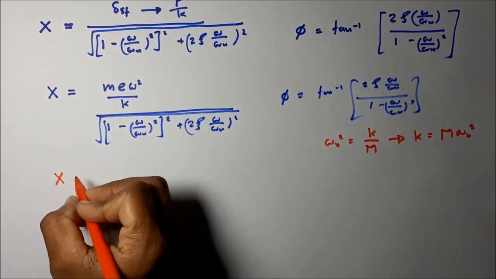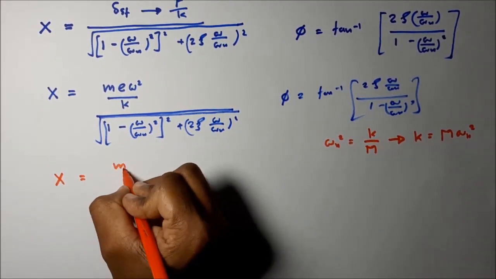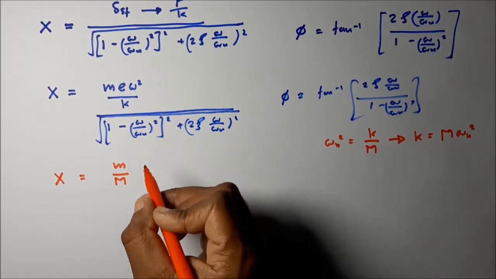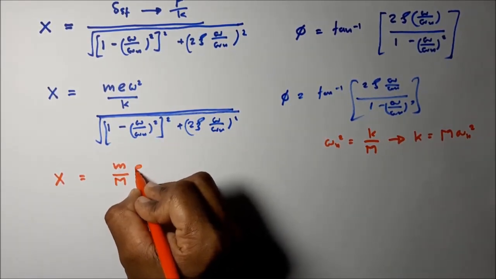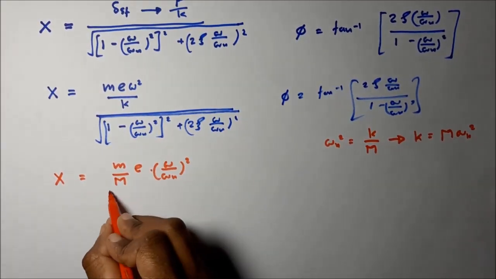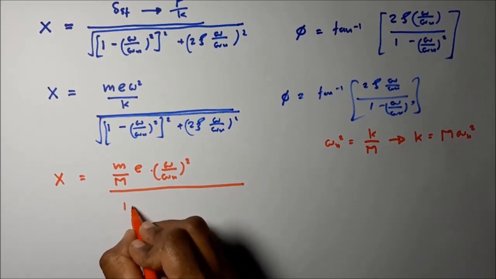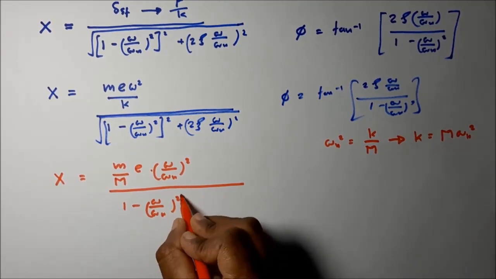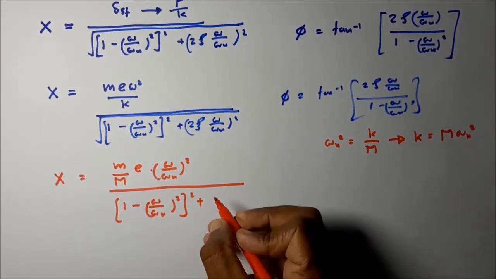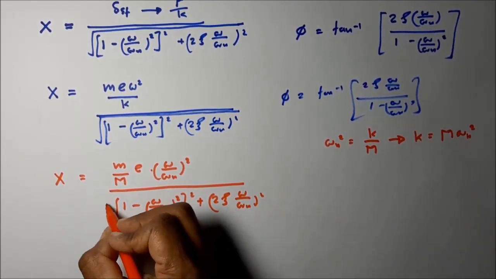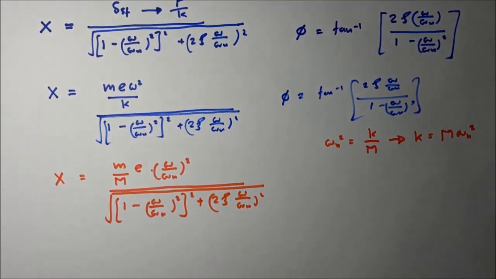Then the equation becomes: small m divided by capital M, times e, times (omega divided by omega n) squared, divided by the square root of (1 minus omega divided by omega n, squared) squared plus (2 zeta omega divided by omega n) squared. This is the equation we finally obtain.